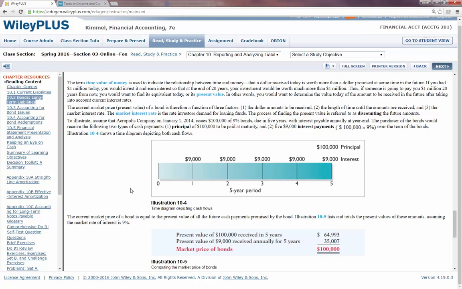The idea that as interest rates go up, bond prices go down, and as interest rates go down, bond prices go up. So the nature of the inverse relationship between the two, interest rates and bond prices, is an important concept that I would make sure I understand a little bit better.